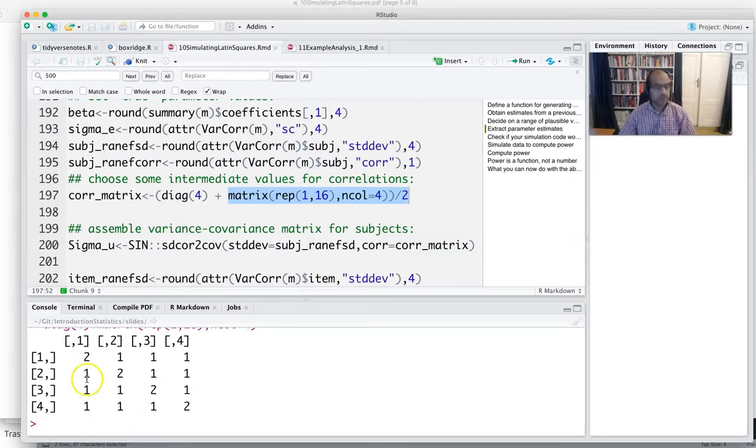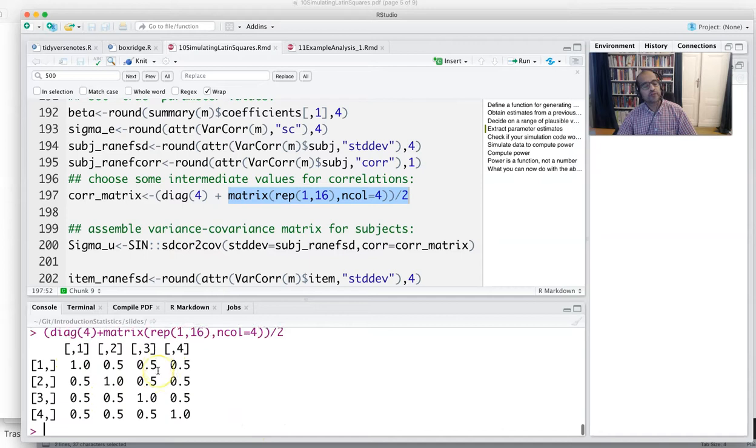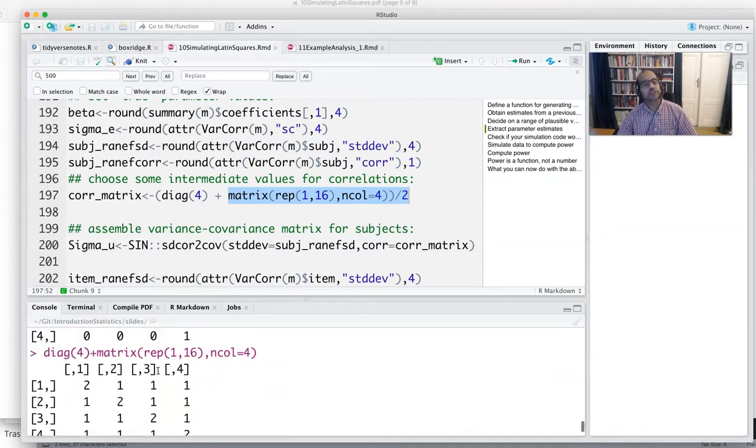Alright, so what's going to happen is I'm going to get 2's along the diagonal because I added 1's along the diagonal here. And if I take this entire term and divide it by 2, what happens is I get 1's along the diagonal and 0.5 along the off diagonals, which is what I wanted.